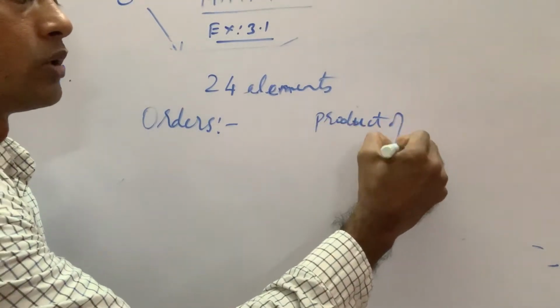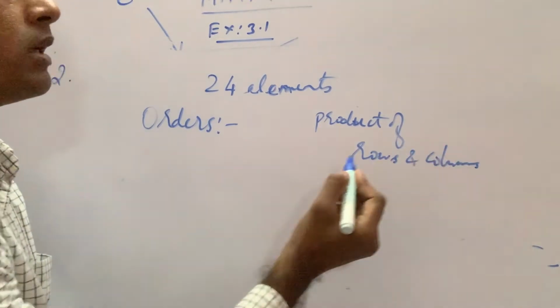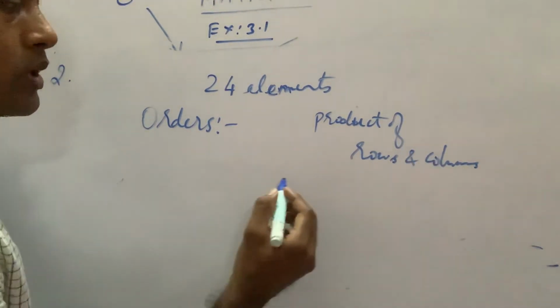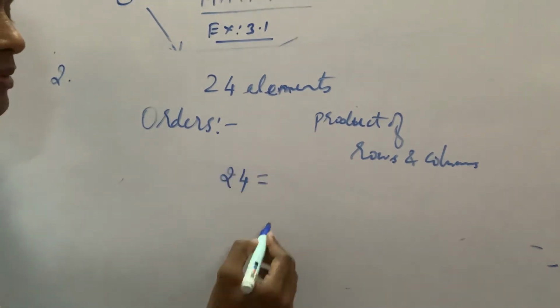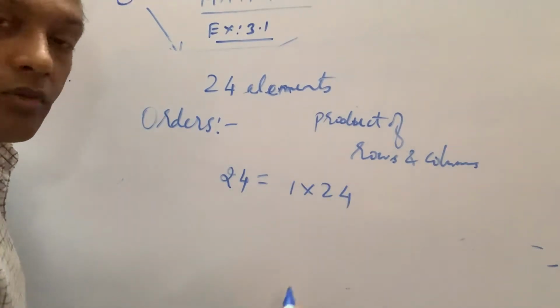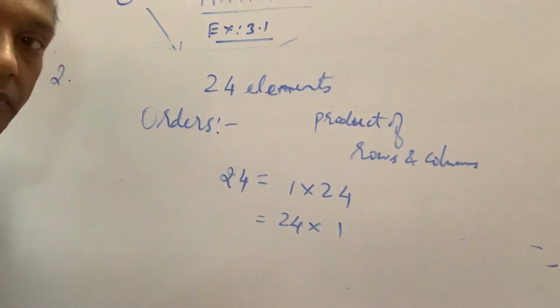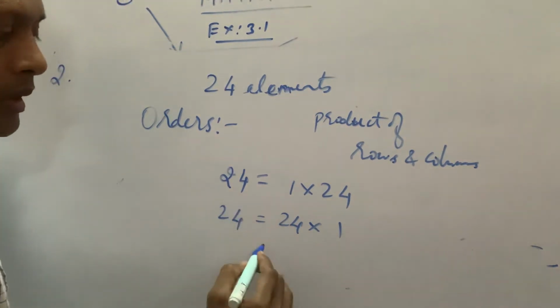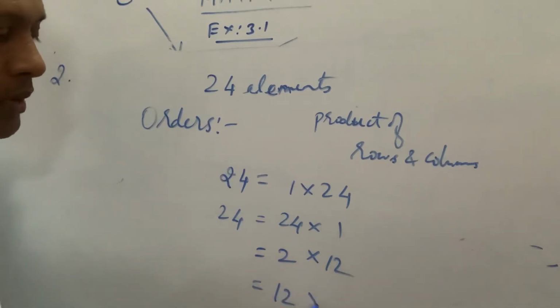So if rows into columns is equal to 24, what are the possible ways of having 24? 1 into 24 is 24. And 24 into 1 is also 24. And then 2 into 12 is 24. 12 into 2 is also 24.